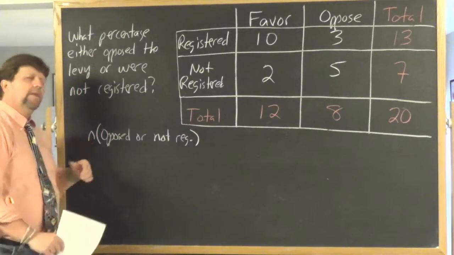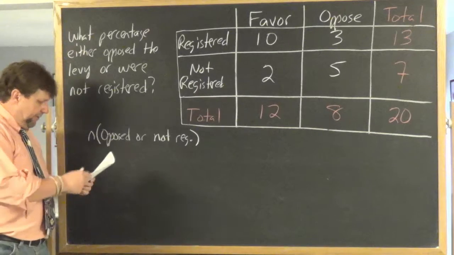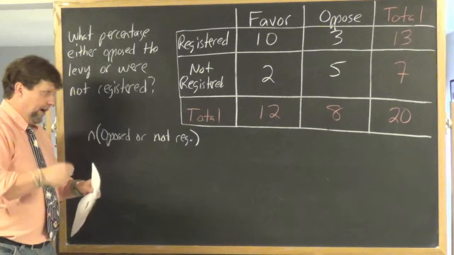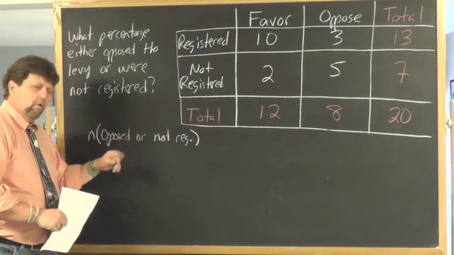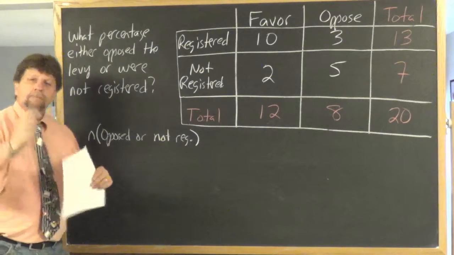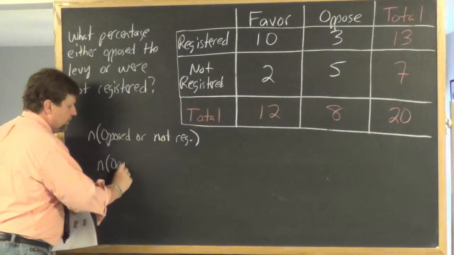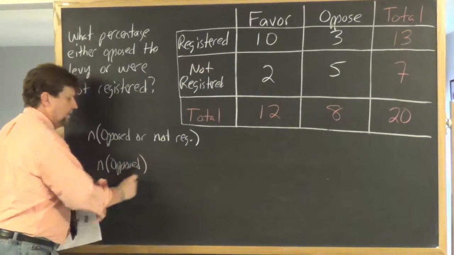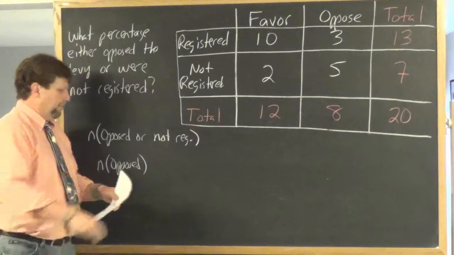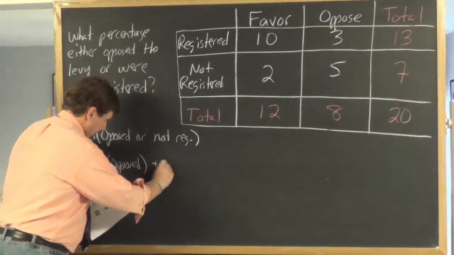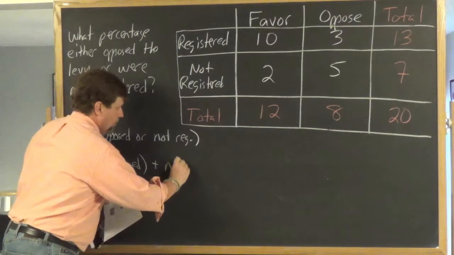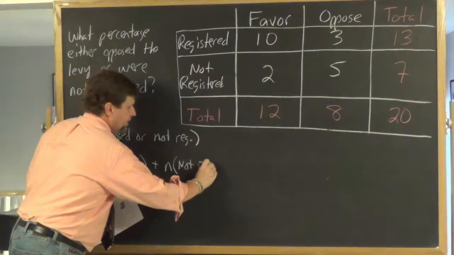Well, let's look at this a little bit. The number that were opposed or not registered. It's that word "or," so it's the number of folks who opposed the levy plus the number of folks who were not registered.